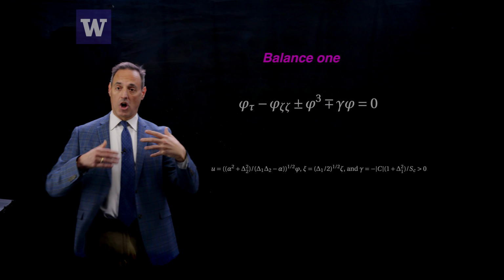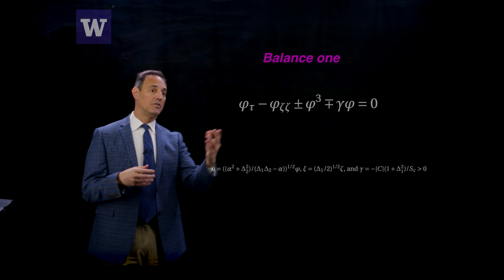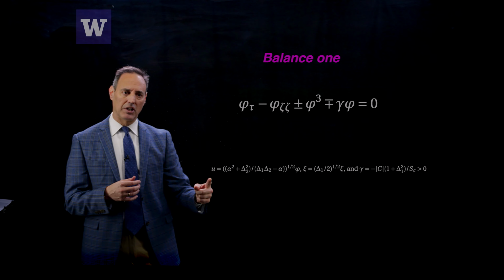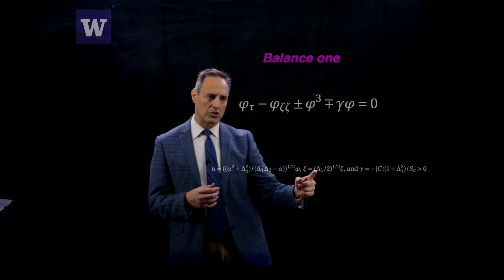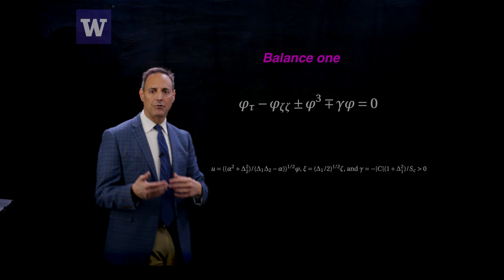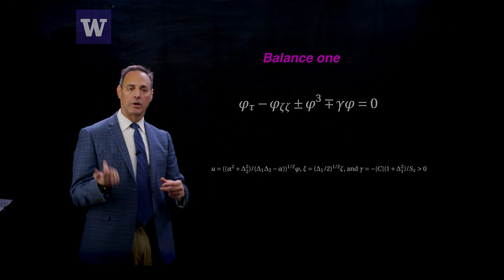So the onset of instability, in other words, for the optical parametric oscillator, is this Fisher-Kolmogorov equation, where I've rescaled everything. So here's what the U field looks like. Here's what the slope C looks like, and here's what gamma looks like. And in this case, delta 1 and delta 2, those detuning parameters, are both order 1 quantities.